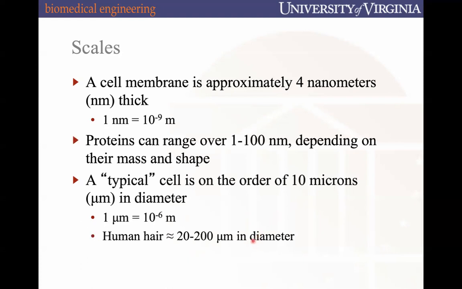If we convert this to meters, this is 3 orders of magnitude larger than 1 nanometer. The human hair is about 20 to 200 microns, which is way larger still. So just to put all of these into perspective.